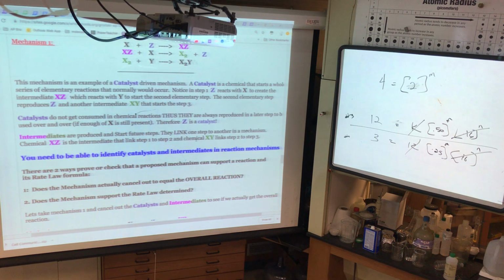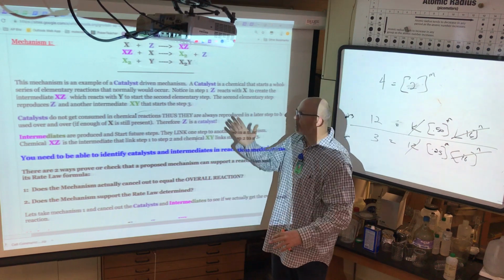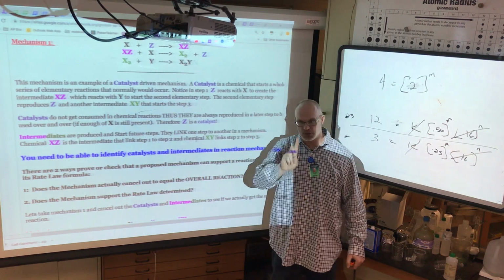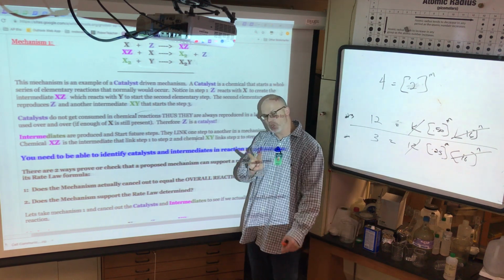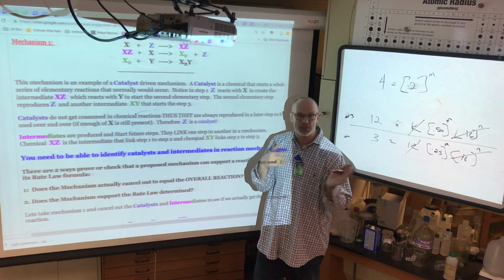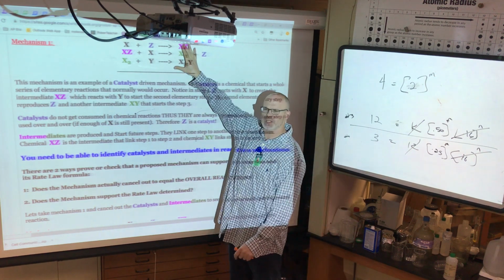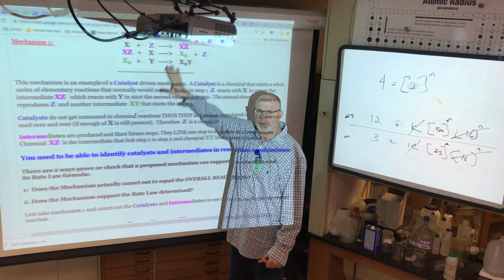Okay, now, someone just proposed a possible mechanism. Hey, I think that this might be the series of steps that I want to understand. So someone proposes this, and you need to understand there are 2 ways. Okay, it was in your homework last night, it might not have been clear, but there are 2 ways to identify whether a mechanism is correct. The first one's the easiest. Does this series of steps cancel out to the overall reaction?